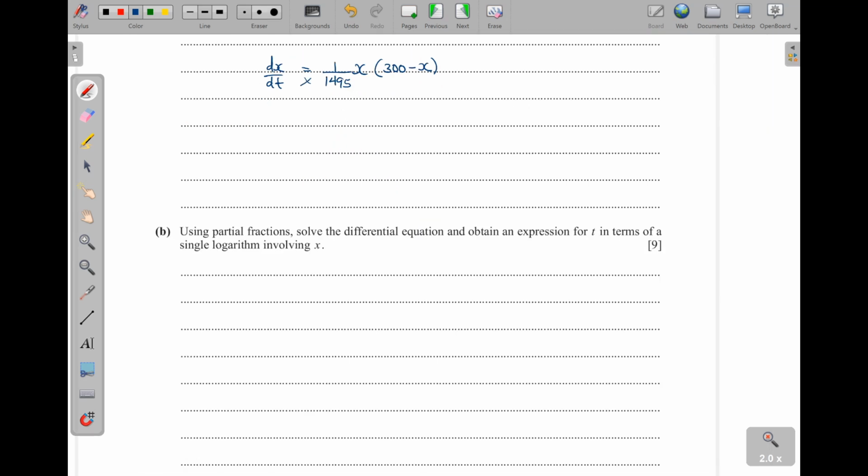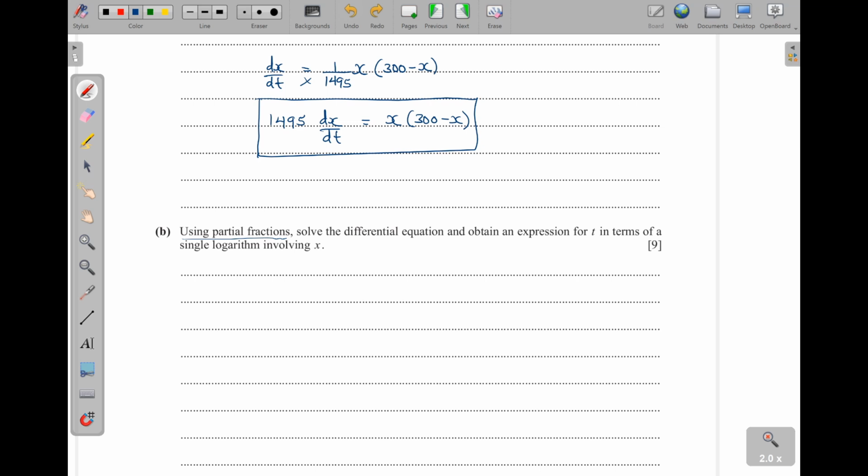By cross multiplying here, we shall have 1495 dx/dt equal to x into 300 minus x. And this is what they have told us to find. Then part B, we are told to use partial fractions to solve the differential equation and obtain an expression for t in terms of a single logarithm involving x.